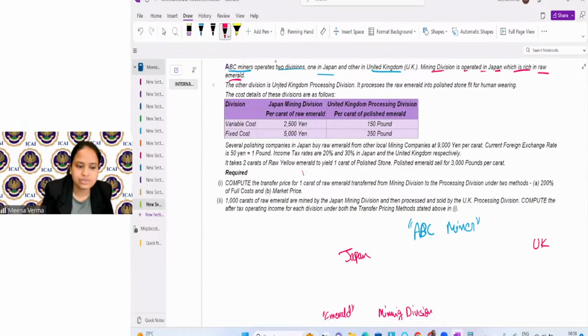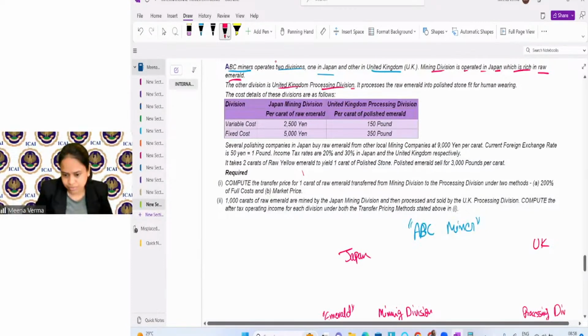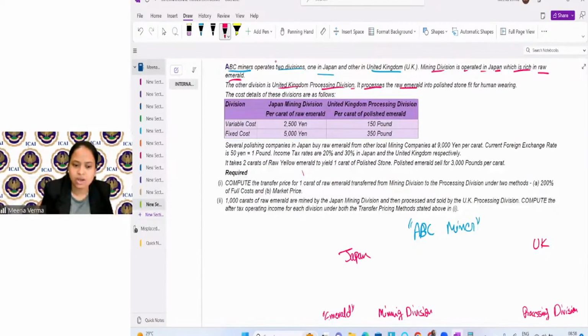Then the other division in UK is a processing division. So in UK there is a processing division. It processes the raw emerald into polished stone.